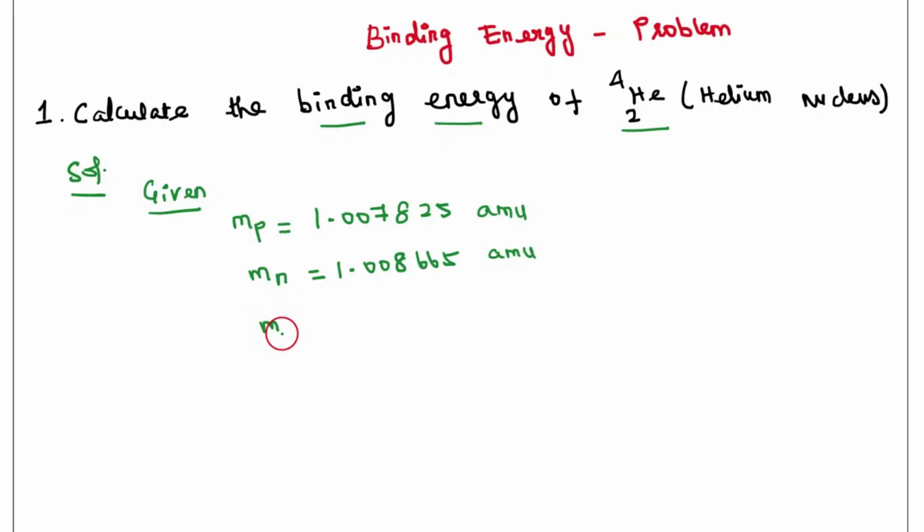Similarly, the mass of the nucleus, we should know, 4.002603 atomic mass unit. Here Z is the atomic number, that is 2. Then A, the mass number, is 4. Okay, these are all the given.